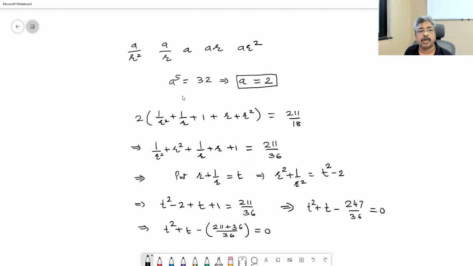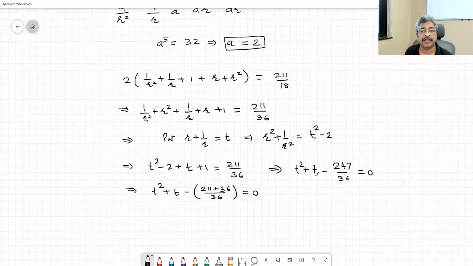And then you are supposed to solve this for T because it is a quadratic equation.